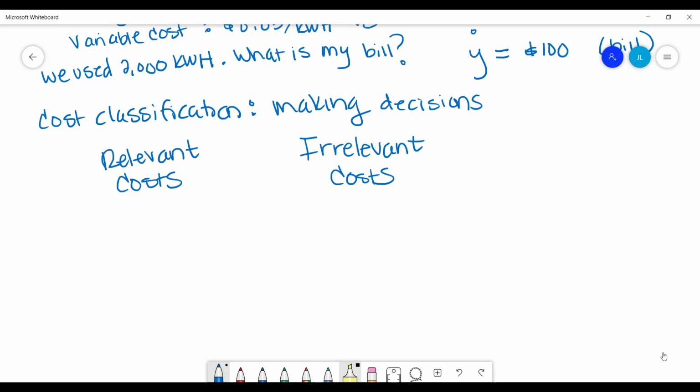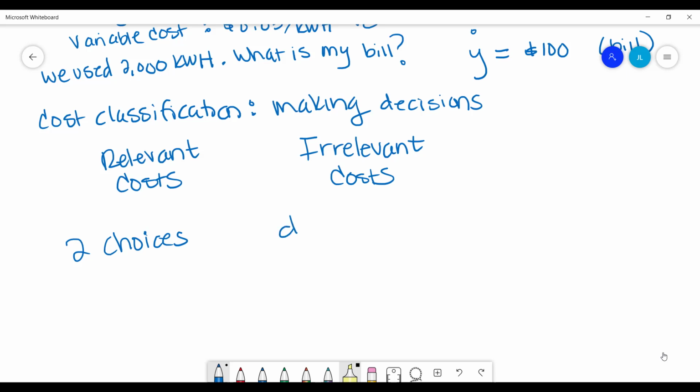Okay, so let's say you have two choices. As a manager, you're getting to choose a new investment project, a new project for your division, right? Well, you have two alternatives, right? Well, each alternative is going to cost something. Investments usually cost money, right?